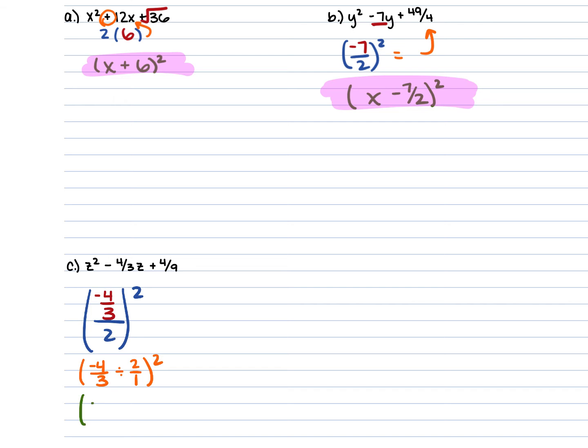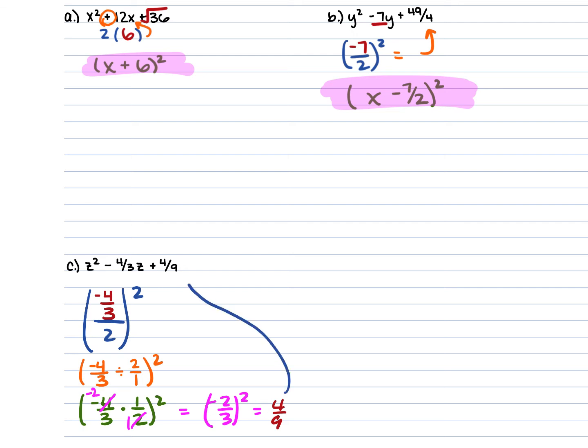This leaves us with negative 4/3 times 1 over 2 squared. Your negative 4 turns into a negative 2, 2 turns into a 1, so that's negative 2 over 3 squared, which is 4 over 9.